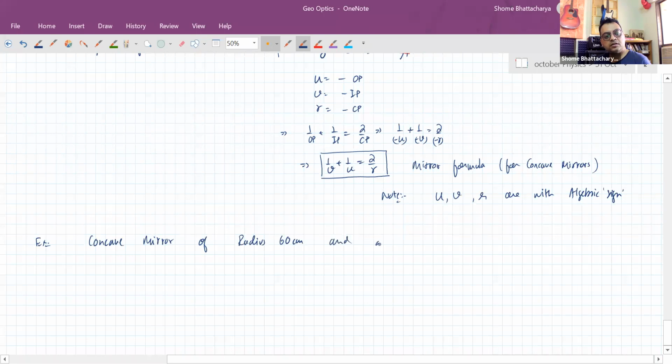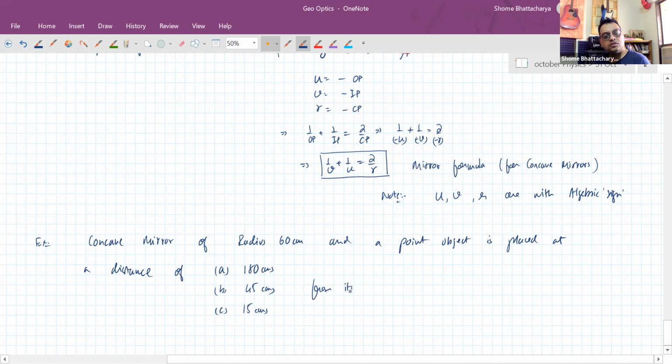And a point object is placed at a distance of say 180 centimeters, 45 centimeters, and 15 centimeters from its pole.